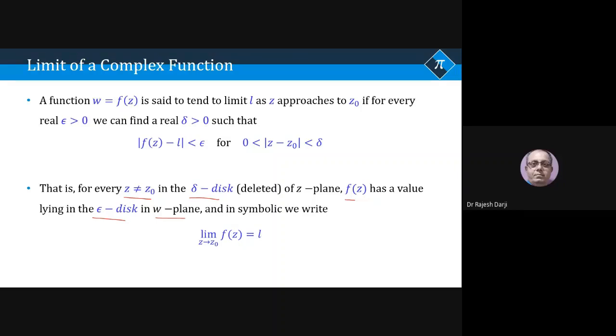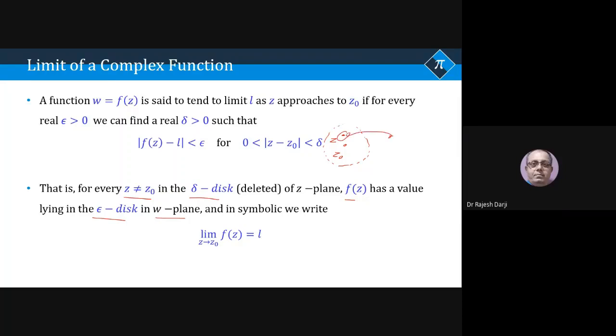Means that for given epsilon greater than 0, we must have some delta such that whenever you take any point z here, there must be some point corresponding to this z.